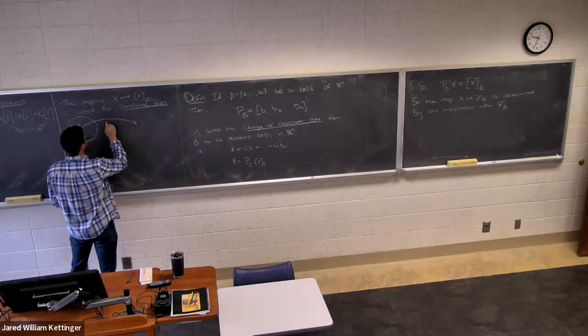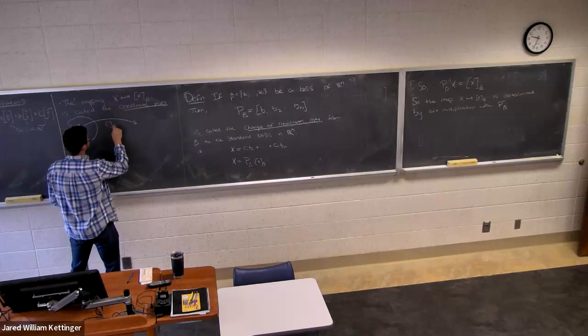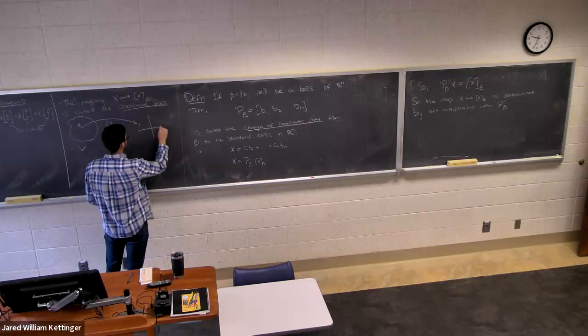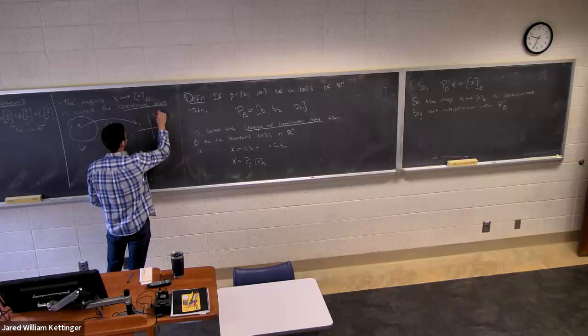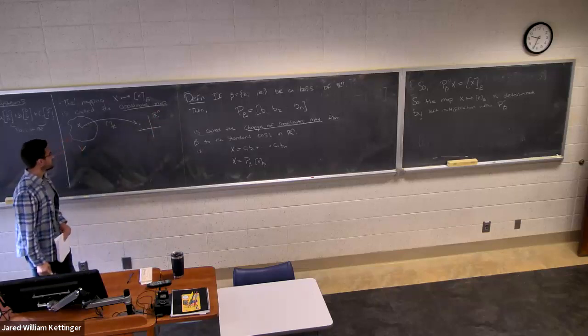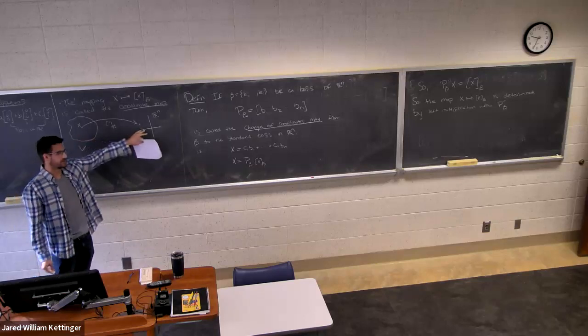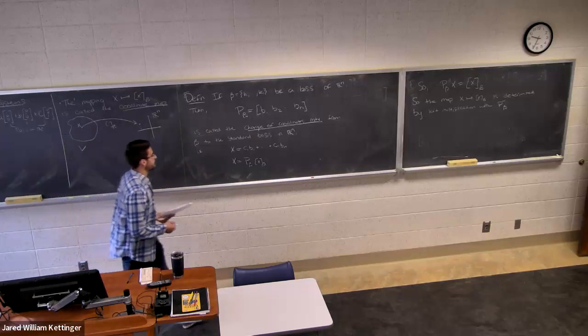Then this map allows us to think about that element as just something in Rn. And it turns out we're going to be able to do arithmetic just as if this actually were an element in Rn, which is what the following theorem is going to tell us.